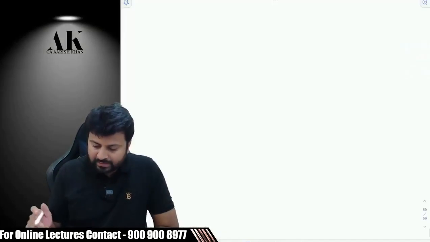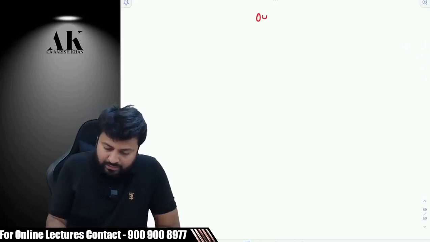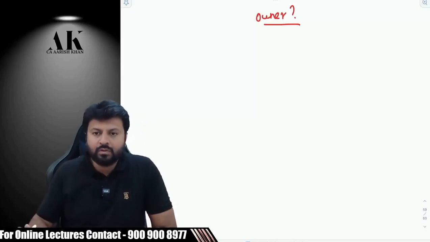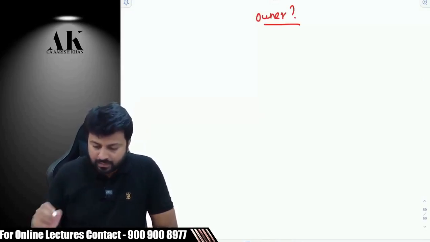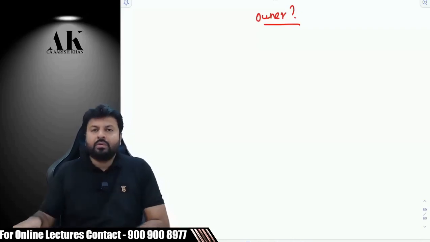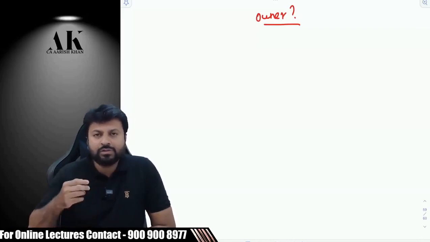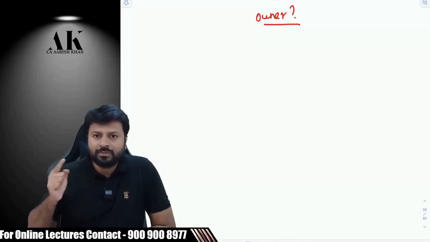So the question is, what do you mean by the term owner under the income tax law? Unfortunately, the term owner is not defined under the income tax law, but it has been used at multiple places. Let me give you an example. The term owner is used in the chapter of house property.